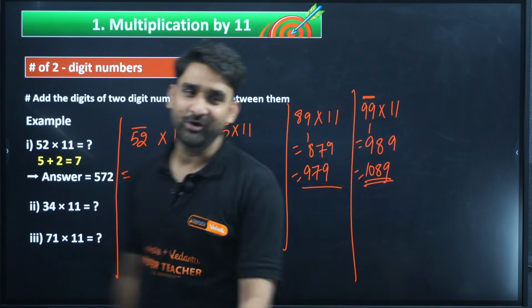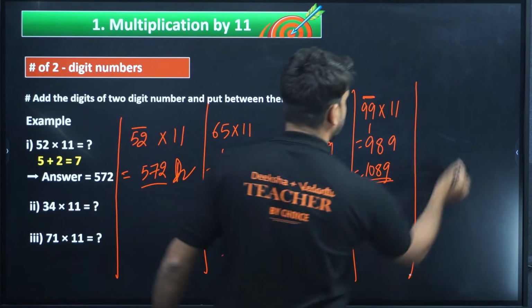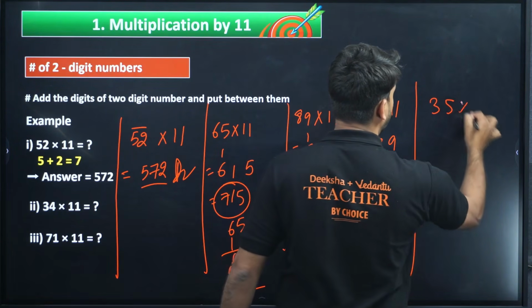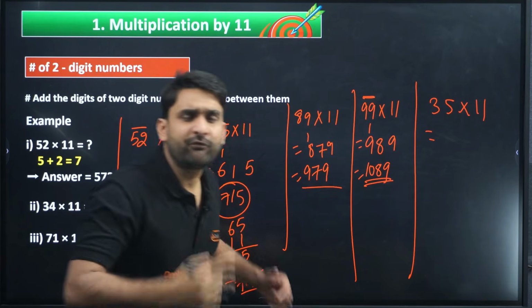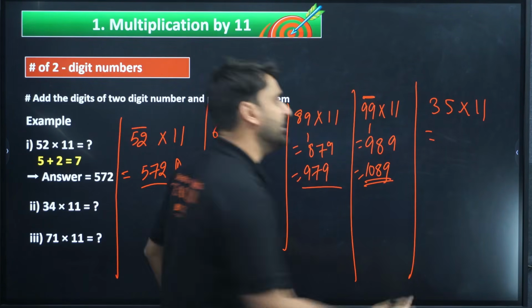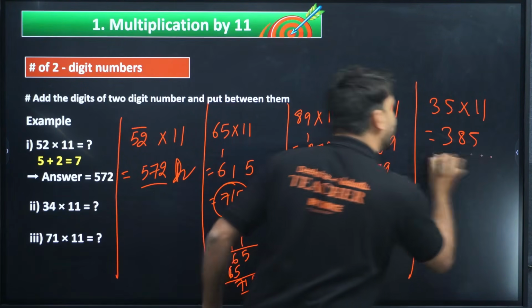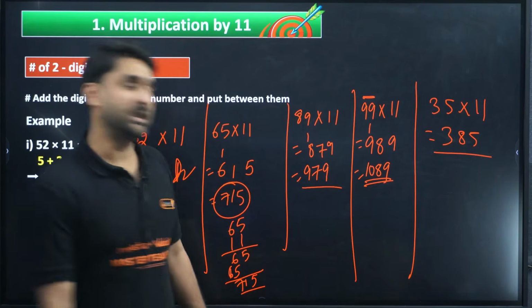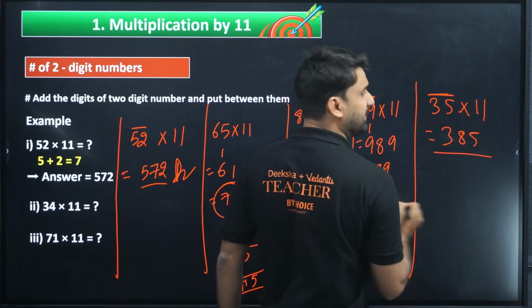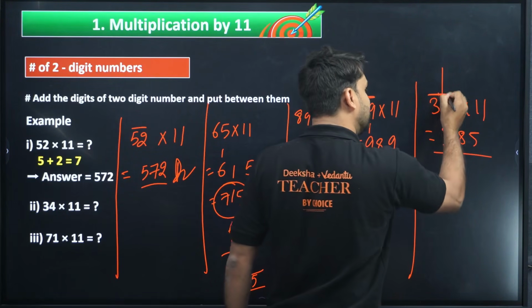I hope you are getting my point. So whenever you are multiplying, let's say, 35 into 11, you can get the answer in just 2 seconds. This would be your answer, 385, because 3 plus 5 is 8 and we have to put 8 between these two numbers.